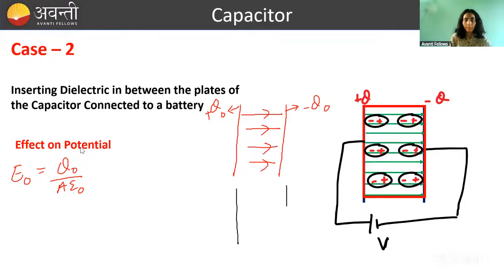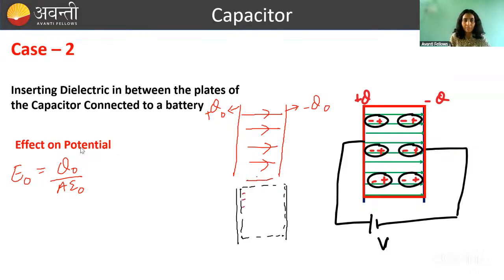Now what we are doing, we are inserting dielectric. तो चलो हमने डाल दिया dielectric. What happens when we drop a dielectric in an electric field? Then an electric field gets induced inside the dielectric such that negative charge will be here.